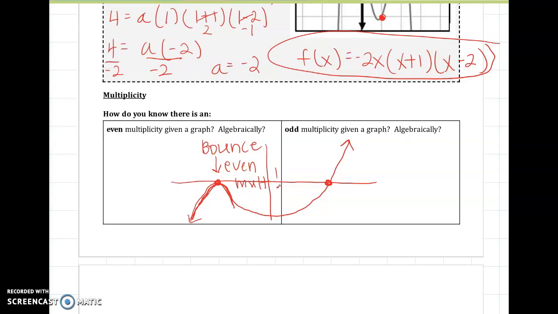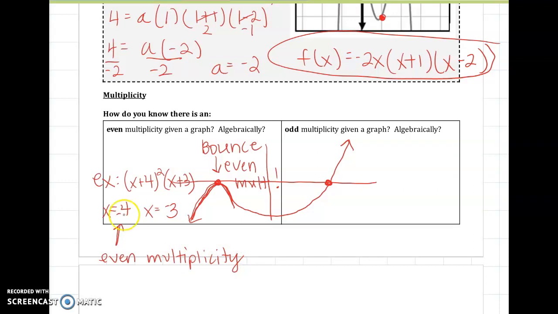Okay, so that means if I had, for example, x plus 4 squared times x plus 3, my zeros would be x equals -4 and x equals -3. And -4 would be an even multiplicity, because there's 2 of them, right?